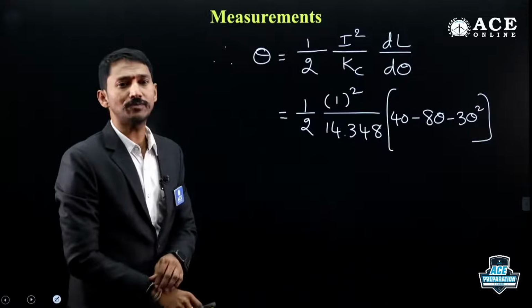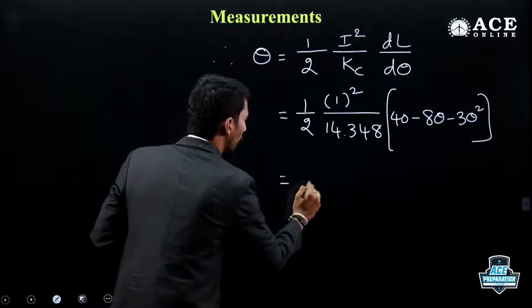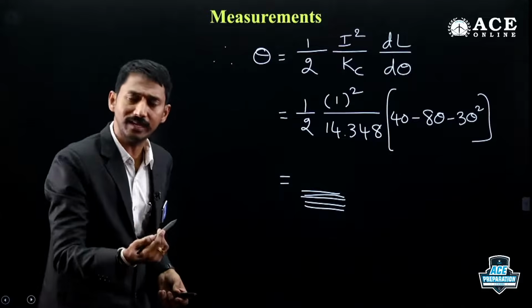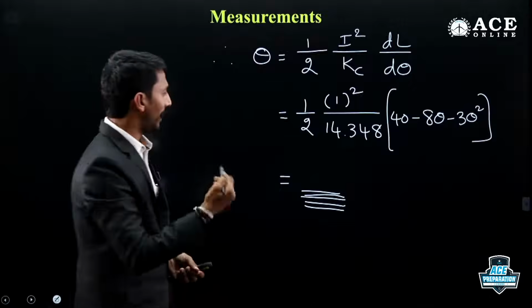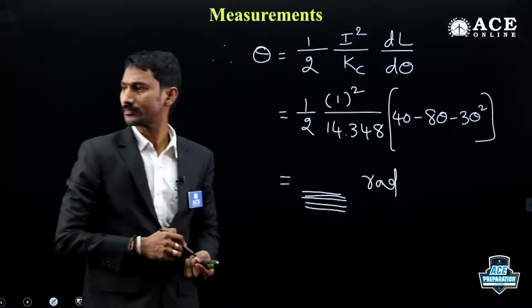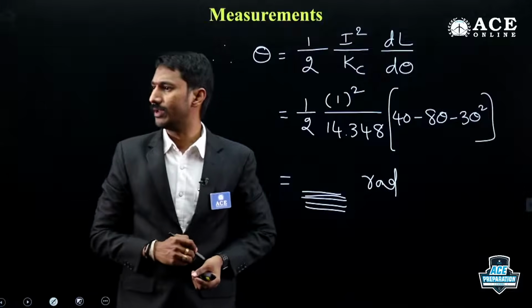If you substitute all these values, you are going to have the theta value in terms of radians, then convert that into degrees. Kindly verify. Kindly give me the value. Anyone? Right, 14.34, Rahul, you have given. Very good.